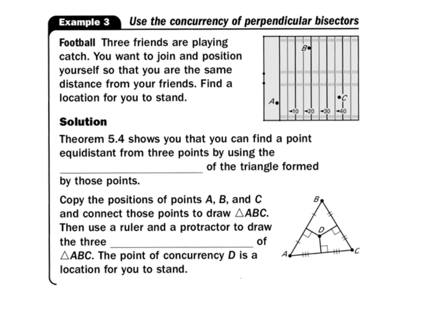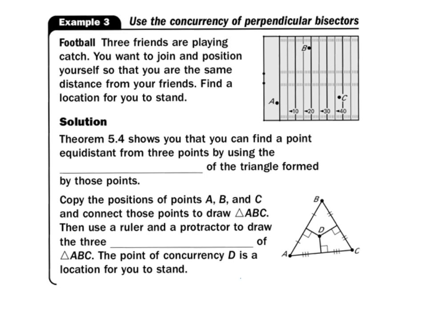Let's see how we can use the concurrency of perpendicular bisectors. Here's an example. It says that you have three friends, A, B, C, on the football field, and you want to find a spot for yourself to stand, and that spot has to be equidistant to all three of your friends. So let's see how we can work this out.